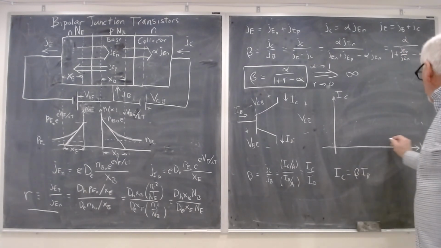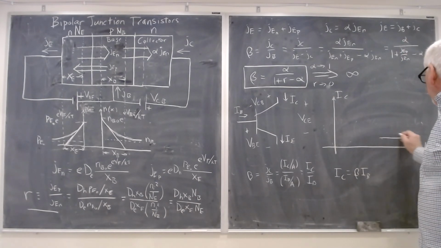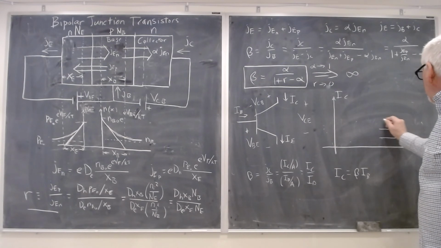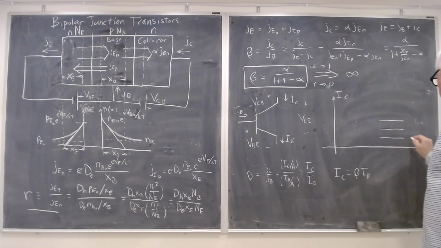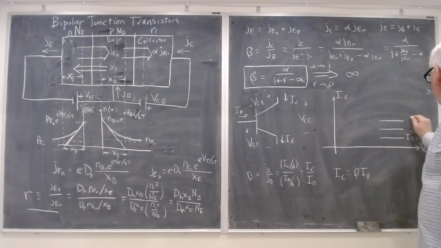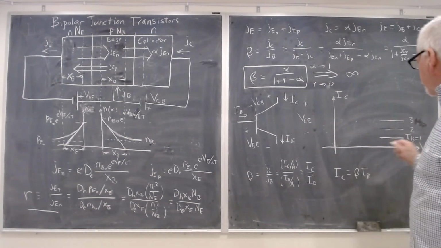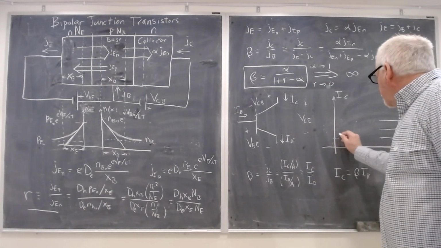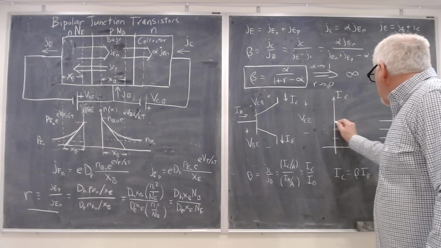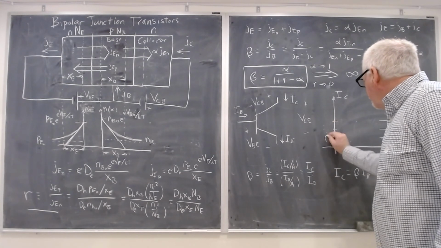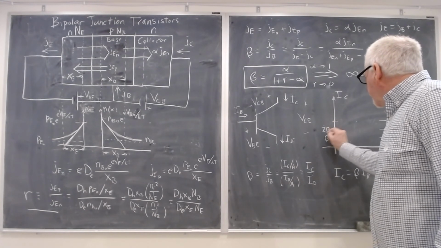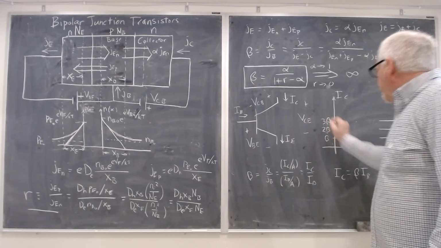So what we do usually is we draw a family of curves for different IBs, and I'm going to just label them 1, 2, 3, I mean some arbitrary current, and then IC is just beta, 2 beta, 3 beta.